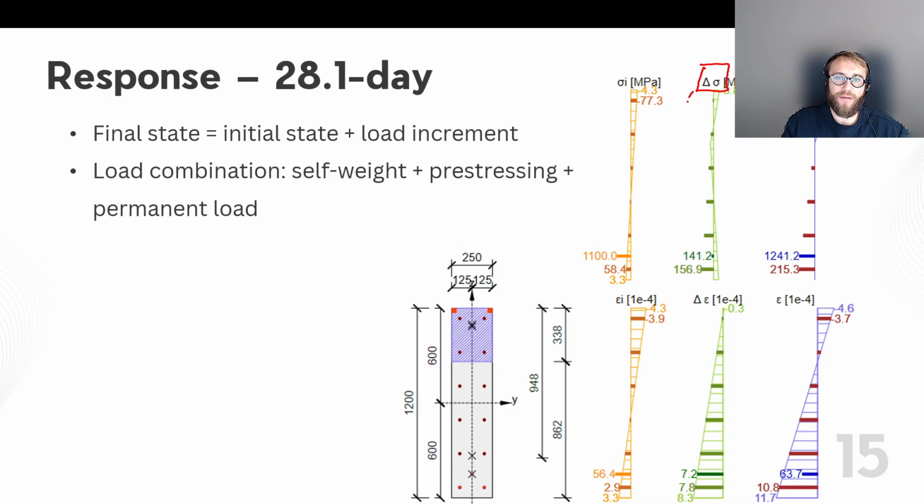This is the increment that is coming from the permanent load. So once we apply this increment, we will receive the stage where the structure is basically cracked, and there is no decompression. You are able to see that the plane of strain works along the height of the section linearly, because this is one of the assumptions, the linear plane of strain.